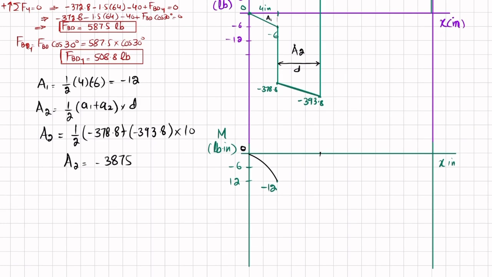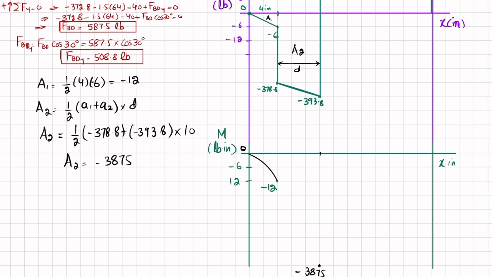So the second point at this length will be minus 3875. It's difficult to go downward, so I will assume that this point is minus 3875.